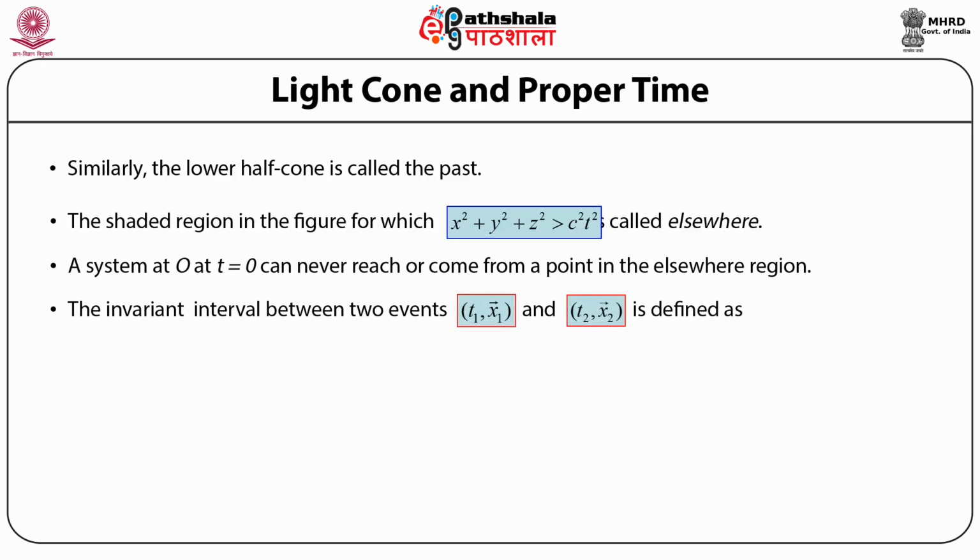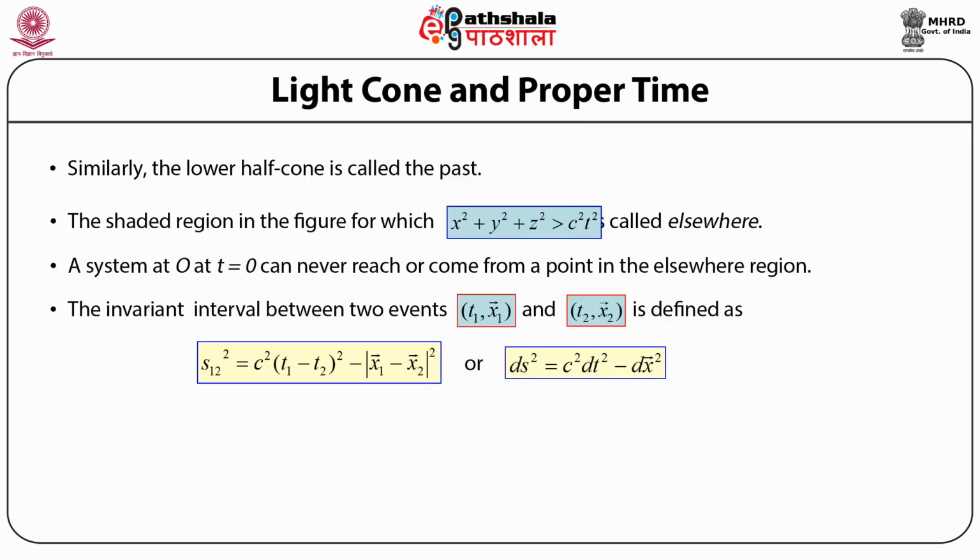If we consider two events having the coordinates t1 and the vector x1, and the coordinates t2 and the vector x2, then the invariant interval between these two events is defined as s12 squared equal to c squared times (t1 minus t2) whole squared minus the modulus squared of the vector x1 minus vector x2.